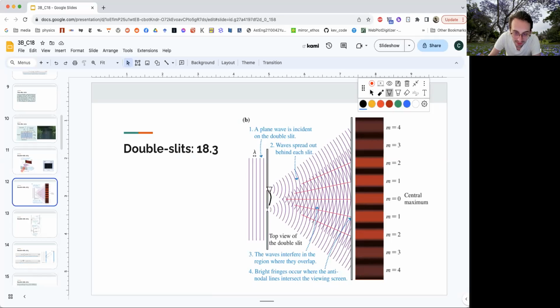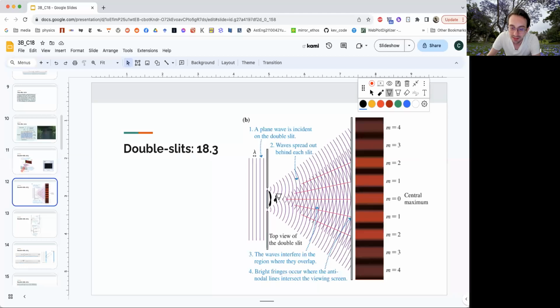So this distance right here is what we call lowercase d. And that's basically all that you need to know about the double slit in order to start to describe what this pattern should look like. You just need to know the separation of the slits, and you need to know what color of light you're shining, so you need to know the wavelength lambda.